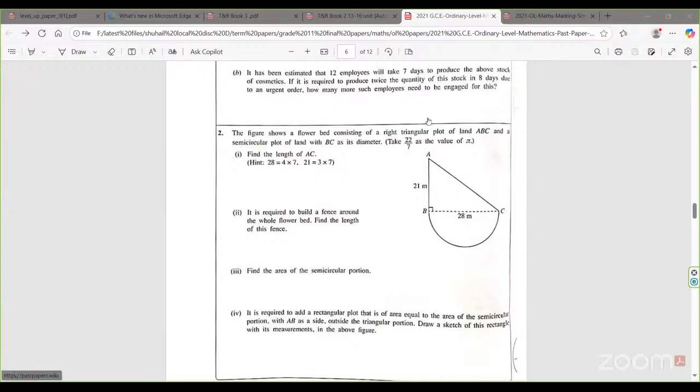The first question, you have to find the length of AC of this triangle, right? Now it is like this. They have given a triangular plot like this. One side is 21, the other side 28.